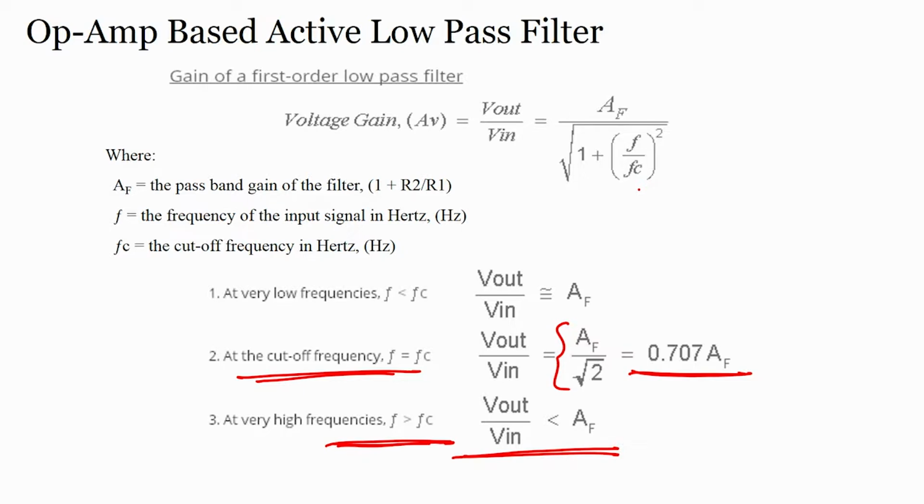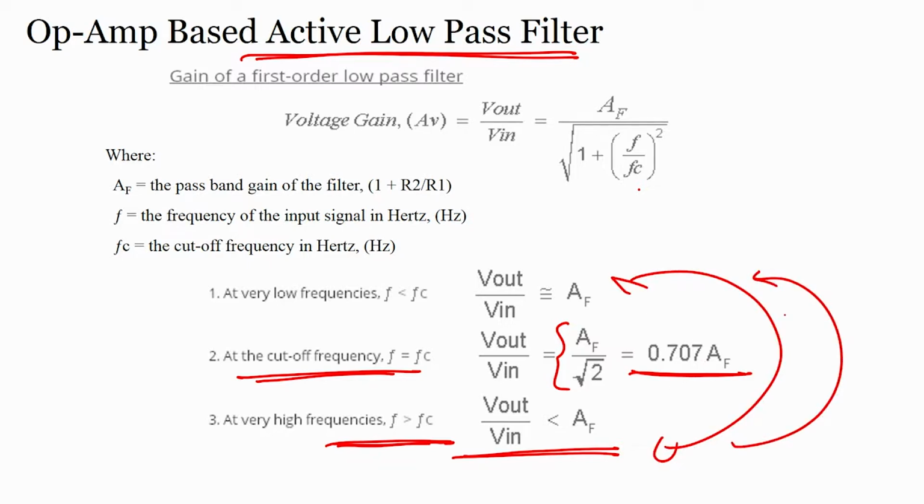So, this you have to remember when you are understanding the active low pass filter. We will see similar things in the active high pass filter, but this will get interchanged with this. Do not worry about it right now.